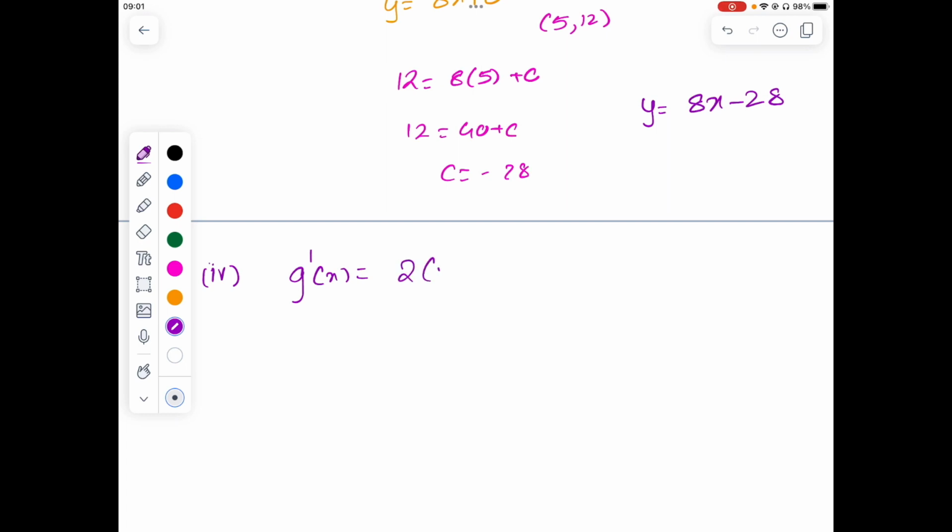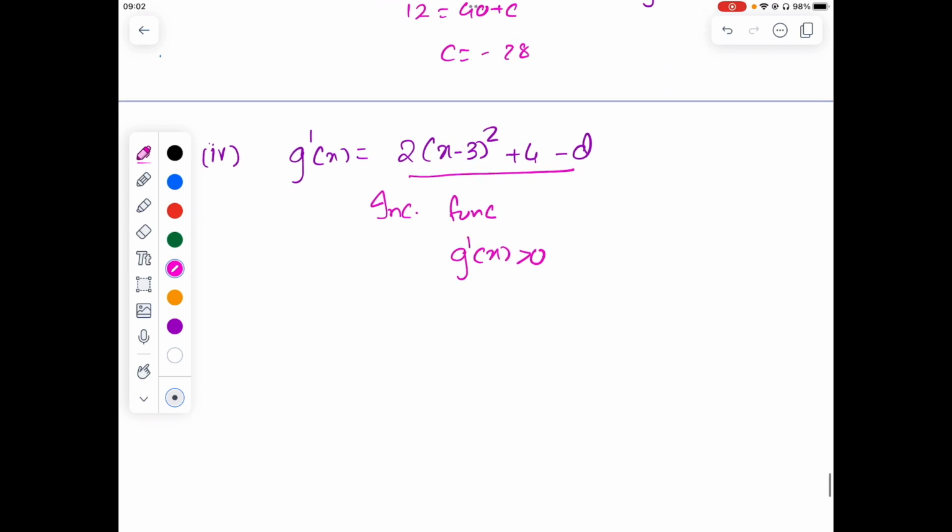What is f of x? 2 times (x minus 3) whole squared plus 4, minus d. Then it should be an increasing function. Increasing function means nothing but what? g prime x should be greater than 0. So this entire thing has to be greater than 0. So 2(x minus 3) whole squared plus 4 minus d is greater than 0.